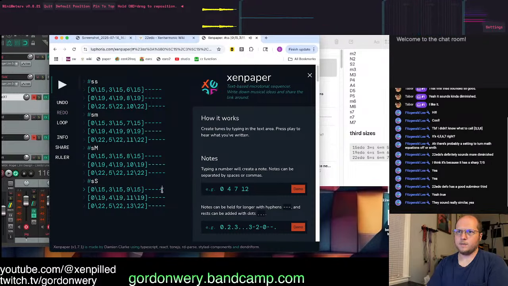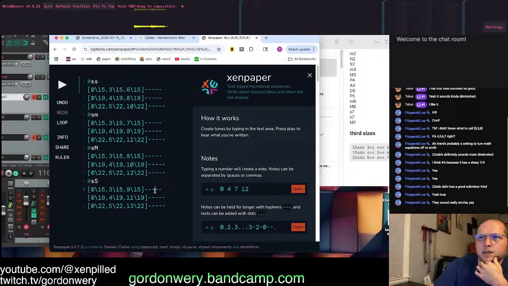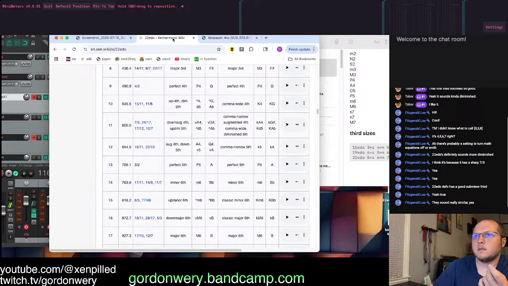So this is an inversion of another triad, but you know what? It has a sub minor third in it. So what's this? 3 to 9. That's 6. 6 is a fourth in 15. Is that right? No. Yes, it is.